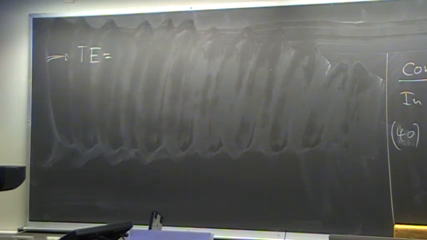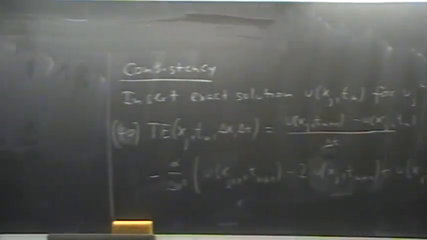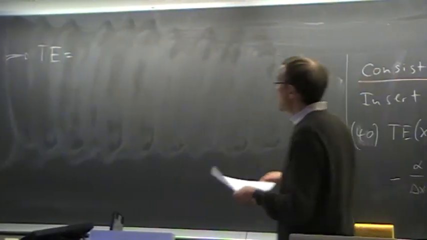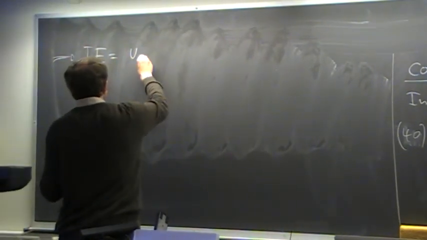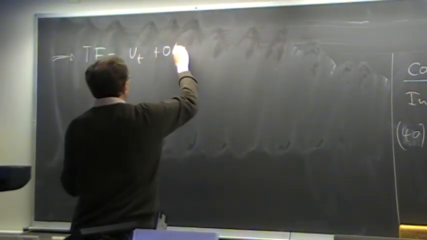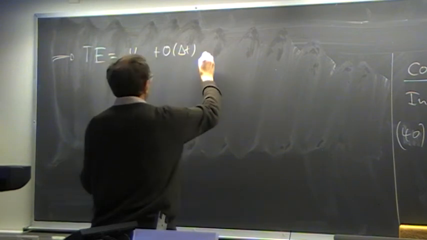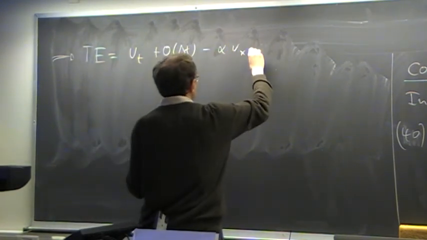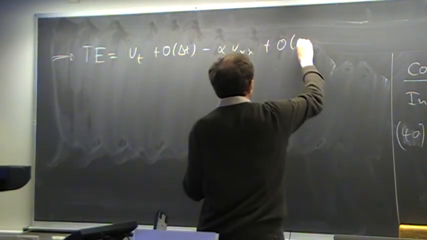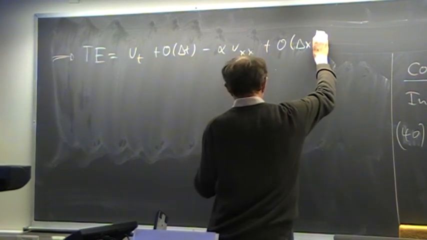And with this, we cancel delta x squared. This gives delta x to the power 2. So what we get in the end is ut plus order delta t, minus alpha uxx plus order delta x to the power 2.